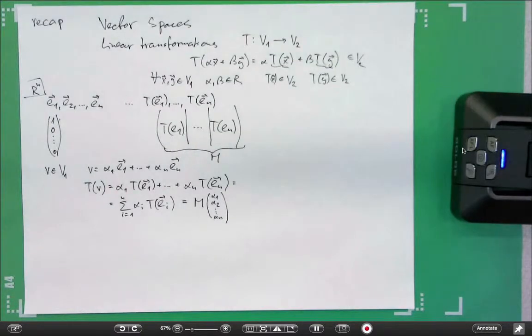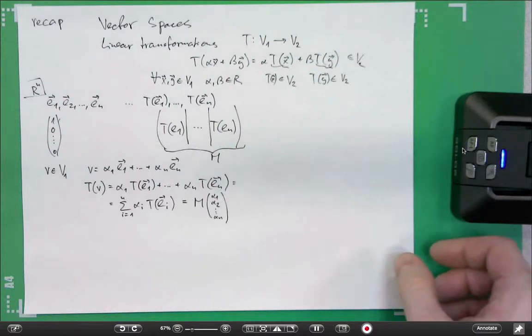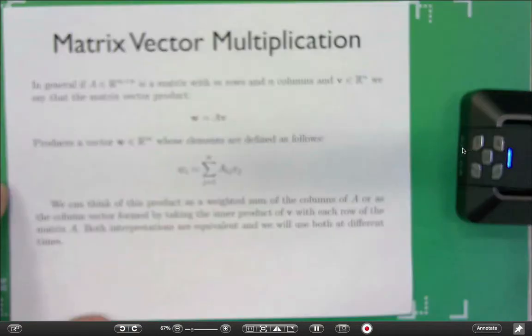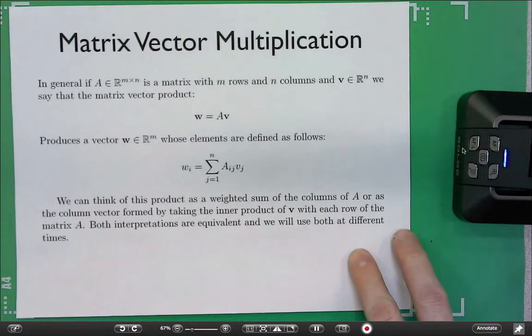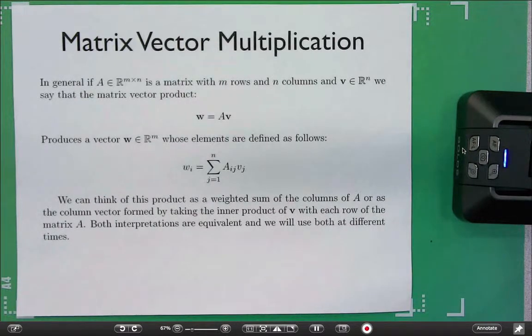Which brings me to the new stuff. That's what we are going to start with today, and that's matrix vector multiplication. Here comes the first slide. Matrix vector multiplication is basically a way to succinctly, nicely, elegantly describe the action of a linear transformation on a vector, right?